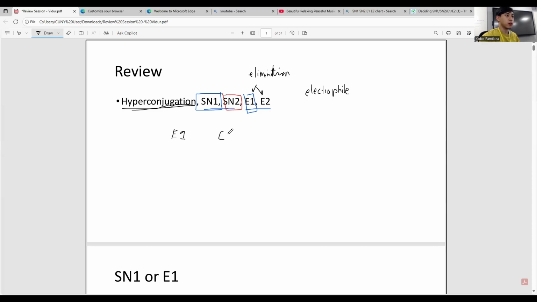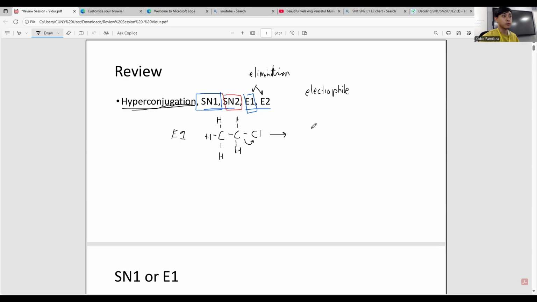Let's say we have something like this, ethyl chloride. Similarly, E1 reactions will cause the leaving group to leave on its own, independently, similar to SN1 reactions.